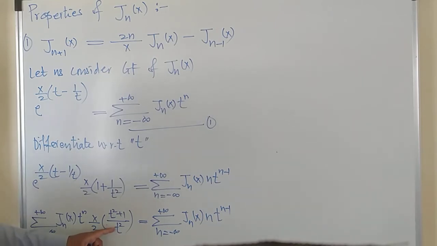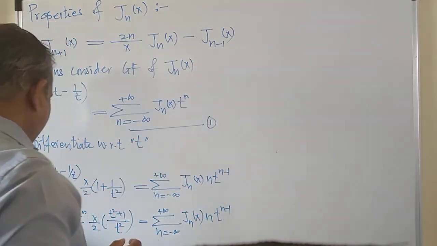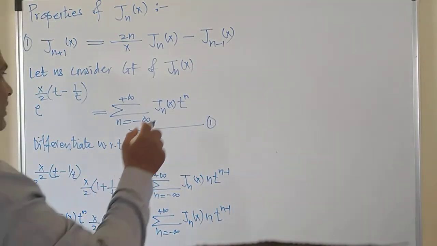And I will shift not only t square, I will shift this x by 2 also on the other side, and if I shift this x by 2 and this t square on the other side, we will get this t square by x multiplied, and therefore I will not use this summation now.